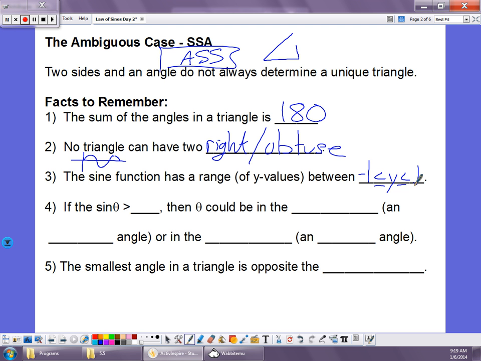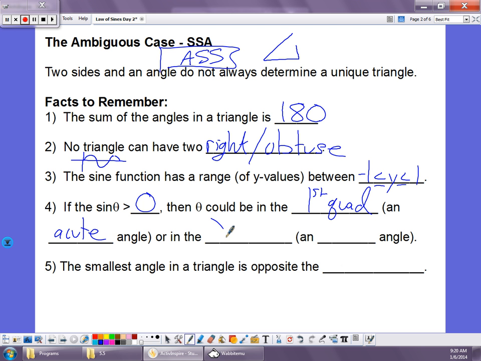If sine is greater than 0, then what two quadrants could we be in? Right, 1 and 2. So it could be in the first quadrant. If it's in the first quadrant, what angle would that be, acute or obtuse? Acute, right? Acute angle.